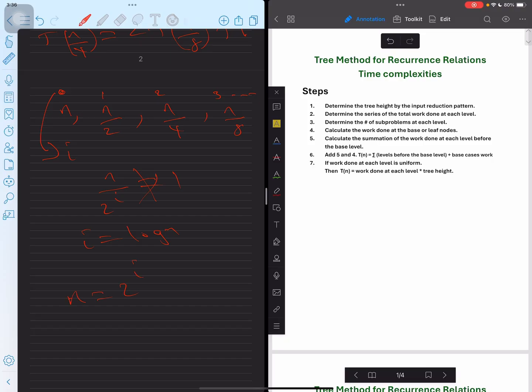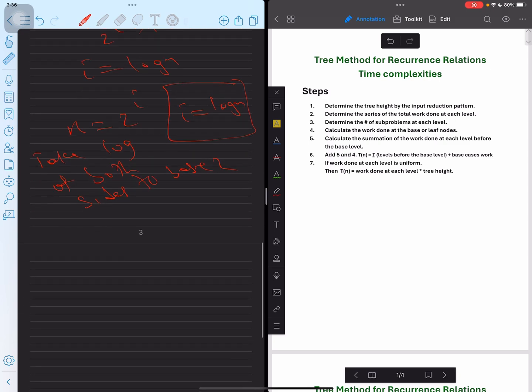Take the log of both sides to base 2. And that's why I have i equals log n. All right? Take log of both sides to base 2. Okay, so with that, I've gotten the height of the tree. That's what step number 1 is really talking about.